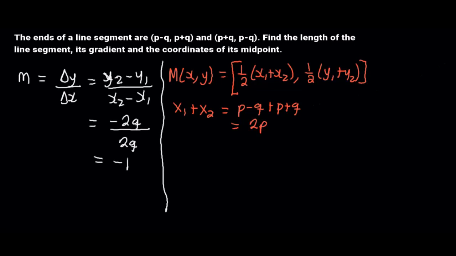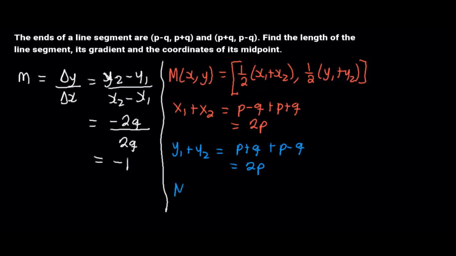Now let us also find y1 plus y2. This gives us P plus Q plus P minus Q, and this also gives us 2P. Therefore, we are going to make a substitution into the midpoint.